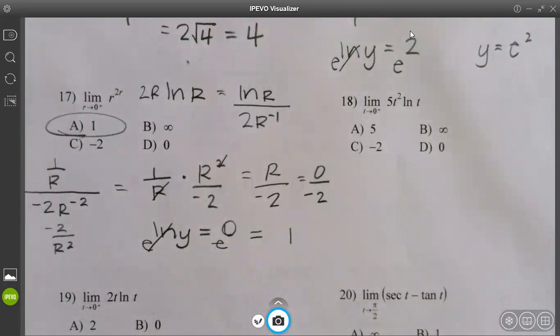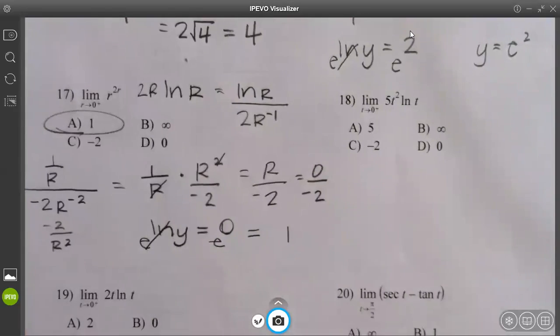It doesn't matter. Is that true of this one too? Yes and no. Because if you don't cancel out the r, you come up with an indeterminate form. So just be careful. On this one, it's not going to matter, but on another problem it could.